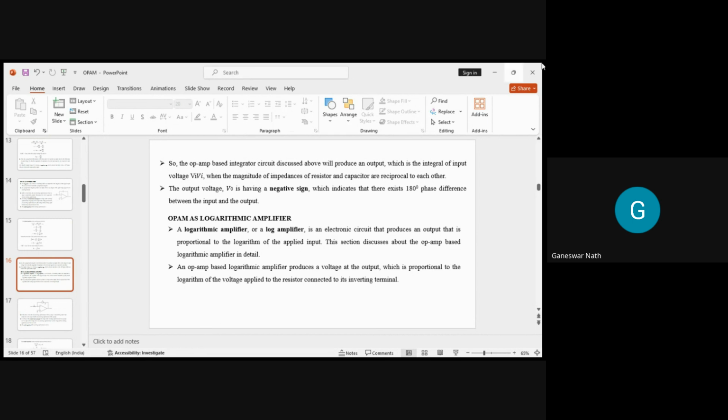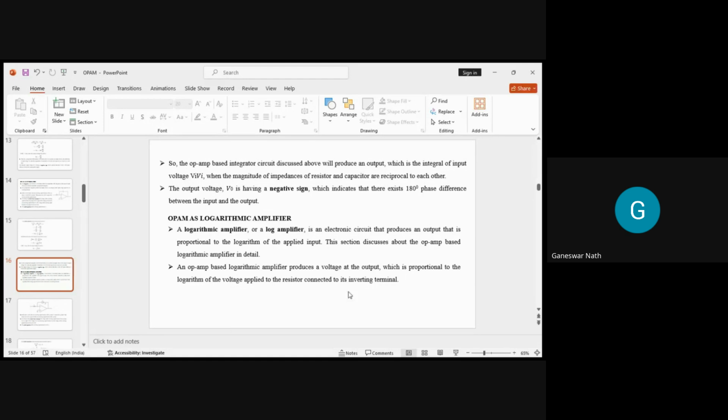This section provides details about the op-amp based logarithmic amplifier. An op-amp based logarithmic amplifier produces a voltage at the output which is proportional to the logarithm of the input voltage applied to the resistor connected at the inverting terminal actually. So whatever output we are getting, we must take the logarithm so that we may get the signal.